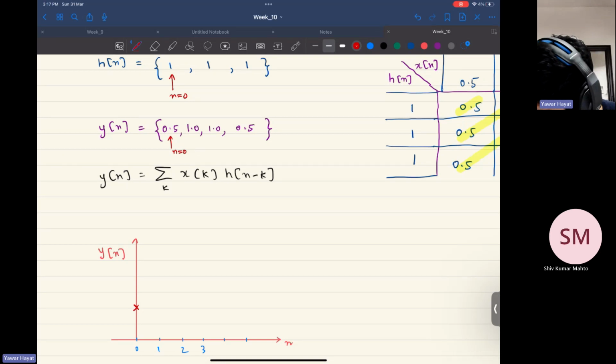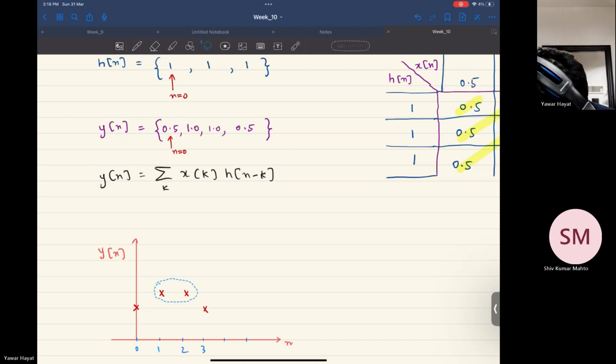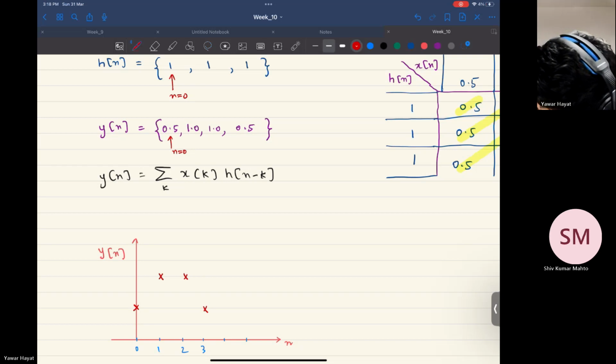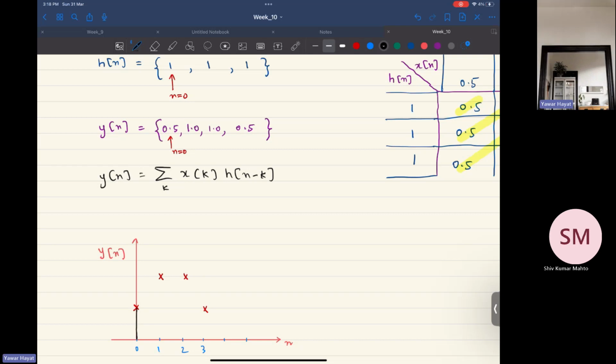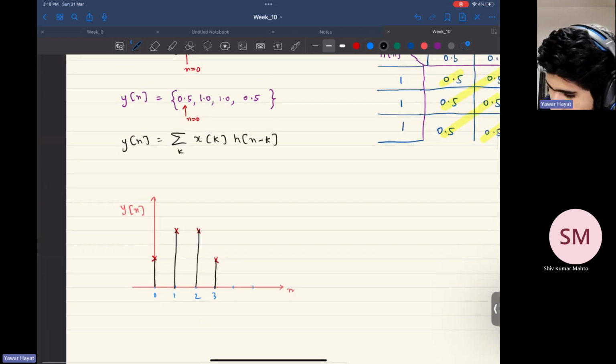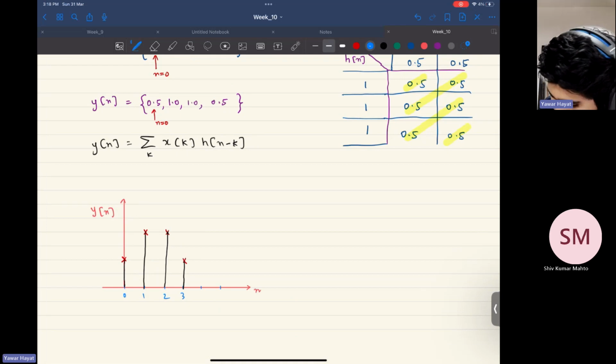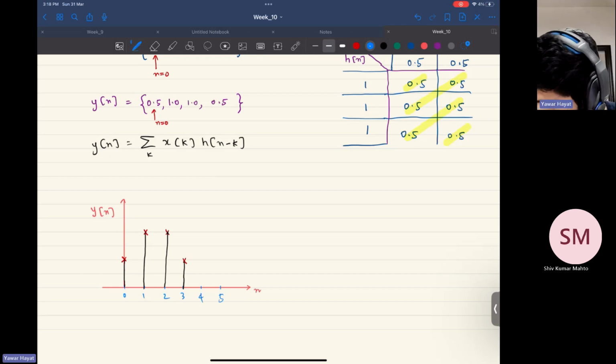At n equals 3, I have 0.5. This is how y of n looks graphically. All the other entries are 0: n equals 4, 5, and likewise on both sides.